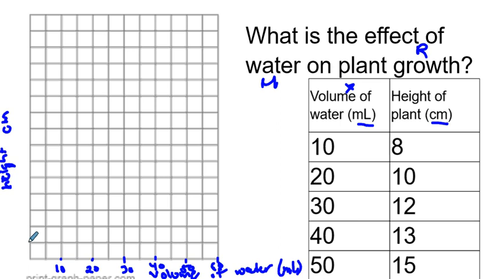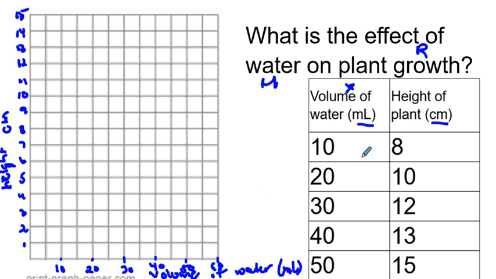Perfect, it just fits. So we're going to go up by 1 per square. And then we can start plotting our points on the graph. So just finish labeling my axes. 11, 12, 13, 14, and 15 centimeters.